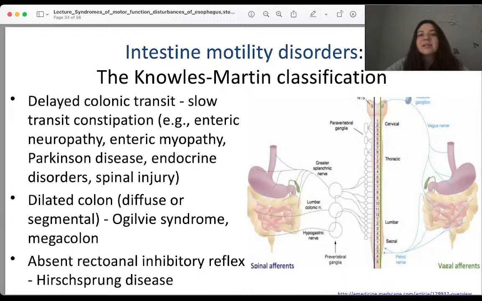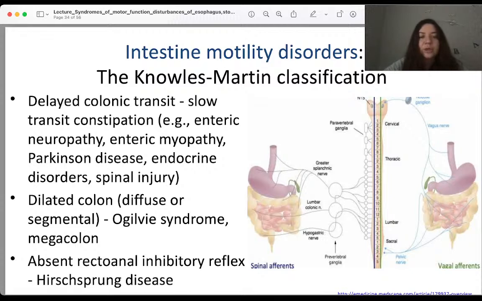For intestinal motility disorders, we have a classification of its forms by authors. It is named the Knowles-Martin classification, and it describes delayed colonic transit, slow transit constipation. It includes enteric neuropathy, enteric myopathy, Parkinson's disease, endocrine disorders, and spinal injury.